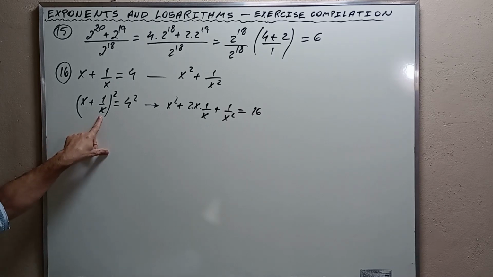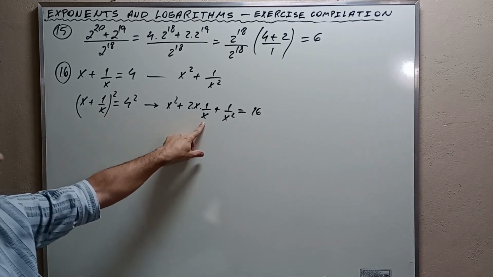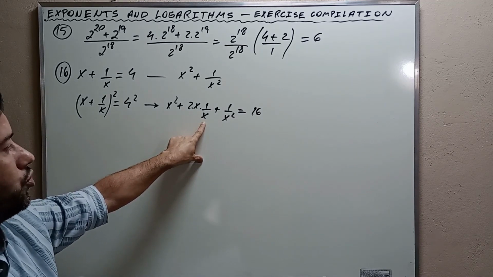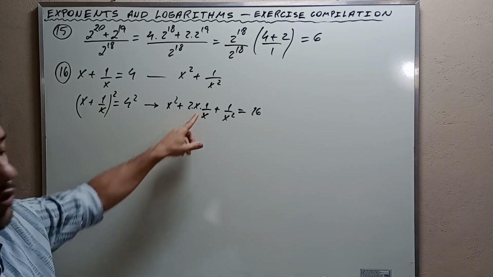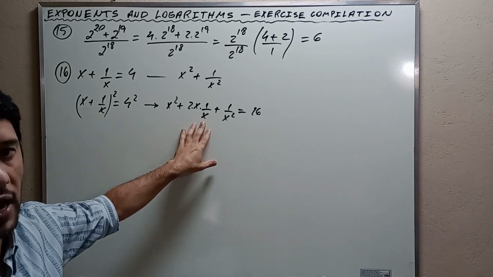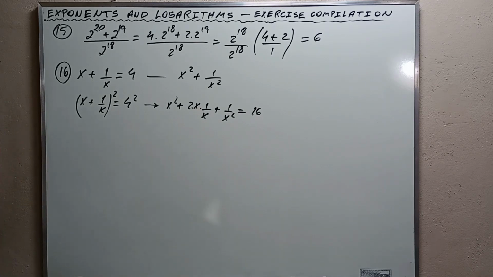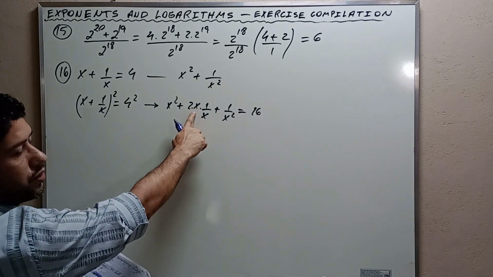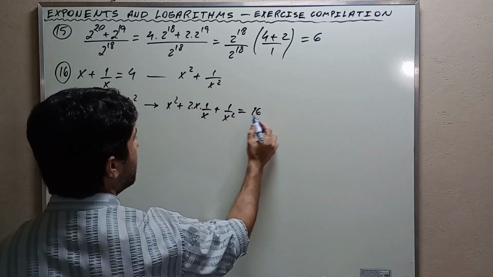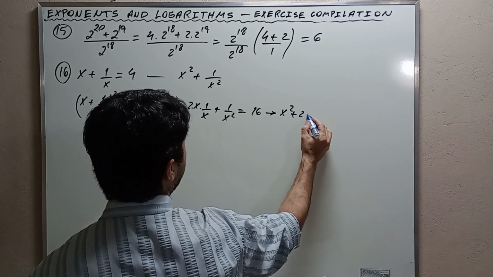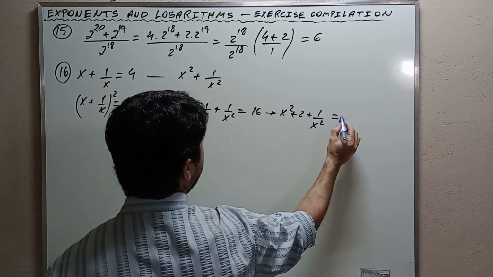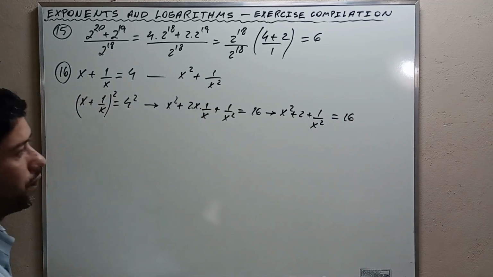Frequently, we use x to represent times, but here, to not be confused, we're going to use the dot to represent times whenever we're using x for other purposes. And we can cancel this x with this x, and this becomes x squared plus 2 plus 1 over x squared is equal to 16.